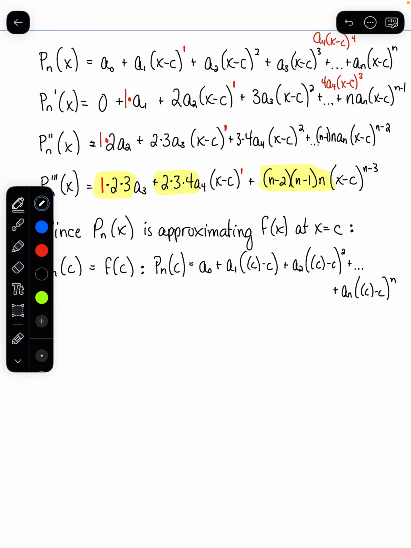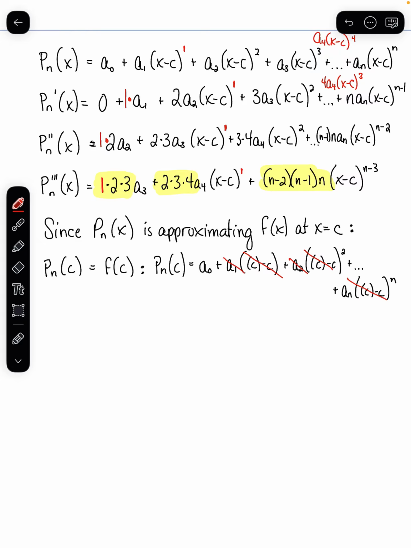And the idea, of course, is that every one of these c minus c's is equal to 0, which means every one of these terms drops out. And what we have is that p sub n of c is equal to a sub 0. But we also know that p sub n of c is equal to f of c. Therefore, a sub 0 has to be equal to f of c.